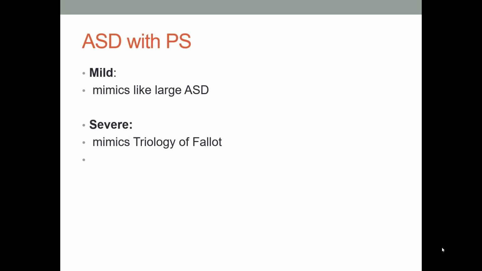Usually the PFO won't shunt from left to right, sir. So the split which is fixed in ASD will not happen in PFO because of that reason. No, here there is cyanosis, and we know it is not TOF. So the question is, how will you distinguish PS PFO from PS ASD?